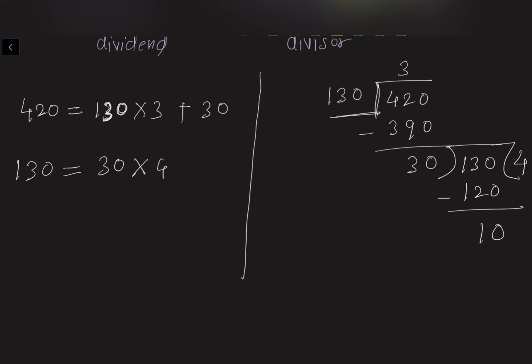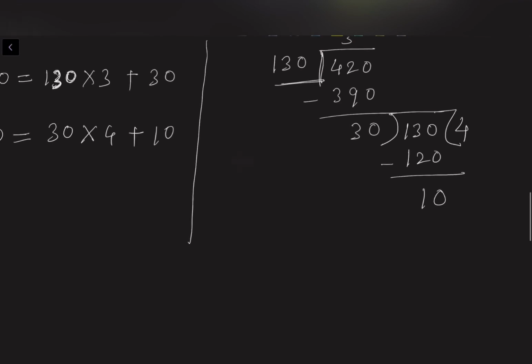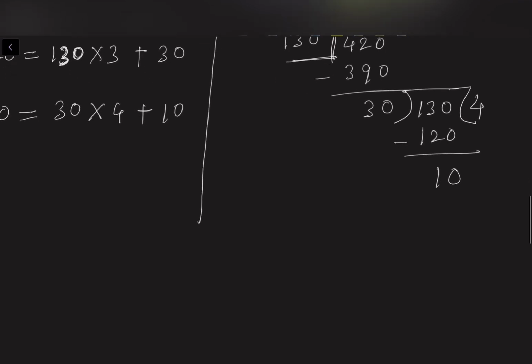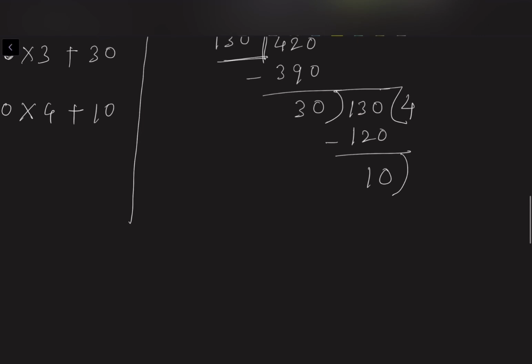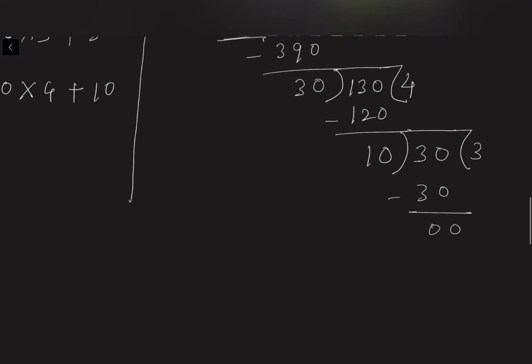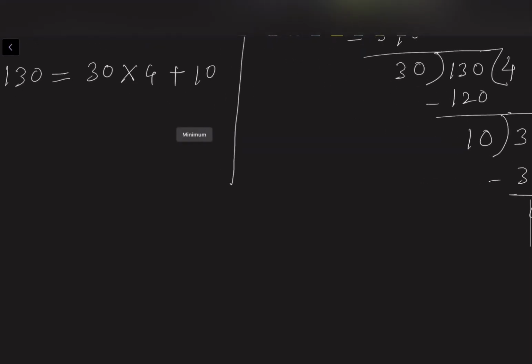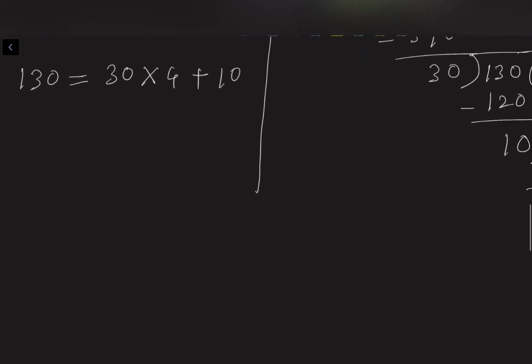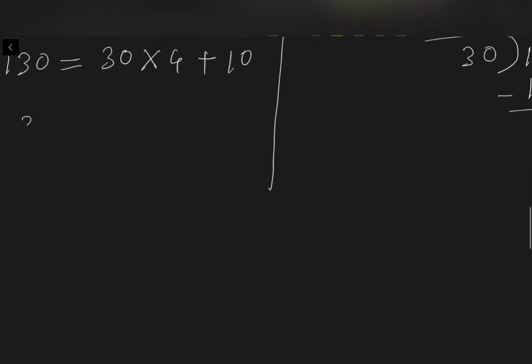So this will be 4 and this is 10, right? Then this is your new divisor. This is what? 30, right? So 10 into 3, which is 30. This is 0, right? So write here also, 30 is your new dividend and 10 is your new divisor.